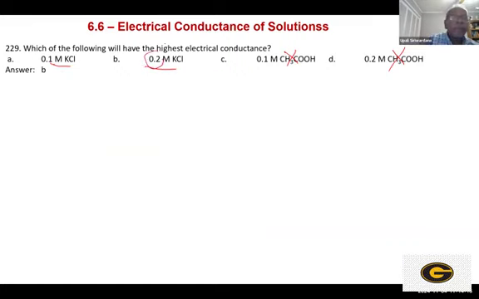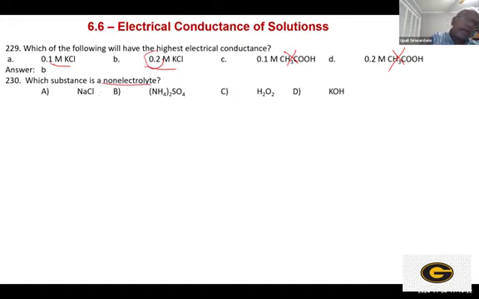Which substance is the non-electrolyte? That's a strong electrolyte. Ammonium is a strong electrolyte, a soluble compound. KOH is a soluble hydroxide, that's a strong electrolyte. Hydrogen peroxide is a liquid. It is the non-electrolyte.